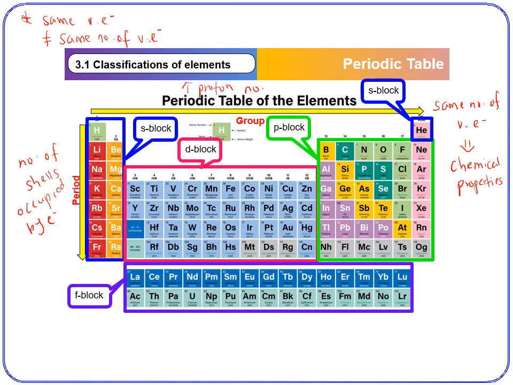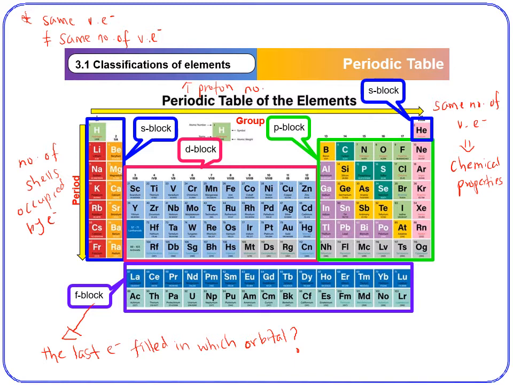How we determine the block of the element depends on which orbital the last electron is filled in. Let's say the last electron is filled in the s orbital, so the element is considered an s block element. If the last electron is filled into the p orbital, we consider the element a p block element. Later we'll go into details.